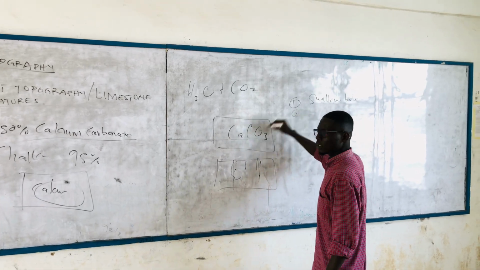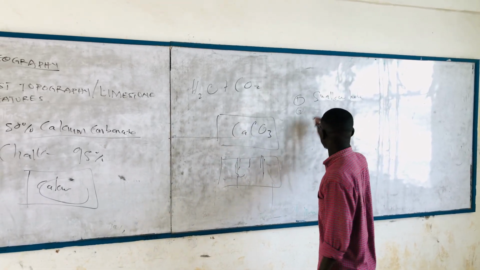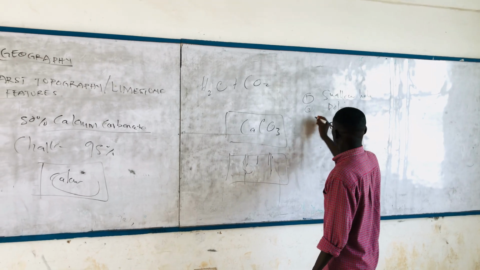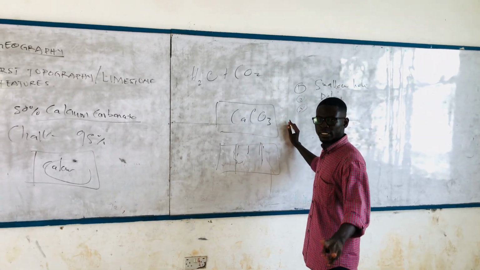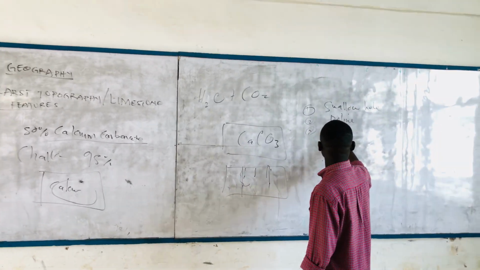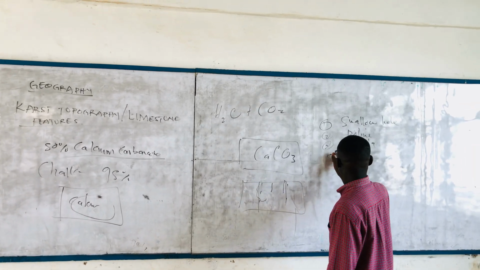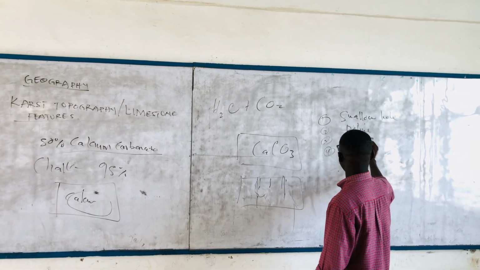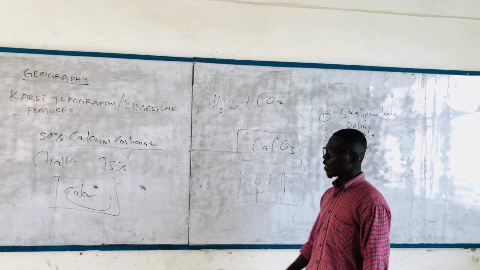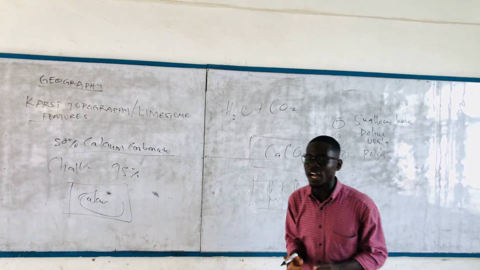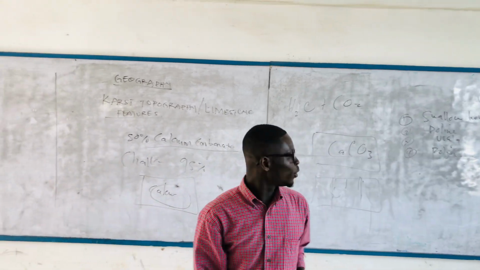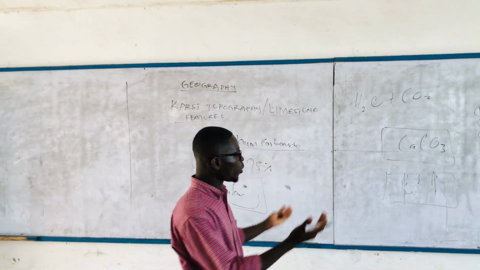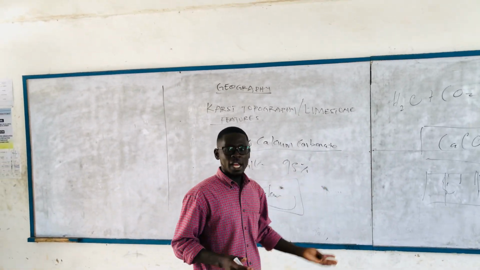The next one is the doline. The third one is termed the uvala. The last one we call the gorge. These are the 4 main features that we have in geographical terms. So how are you going to describe the swallow hole, doline, uvala, and gorge?